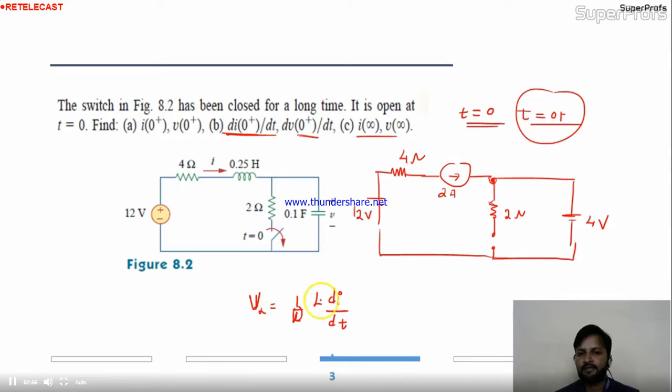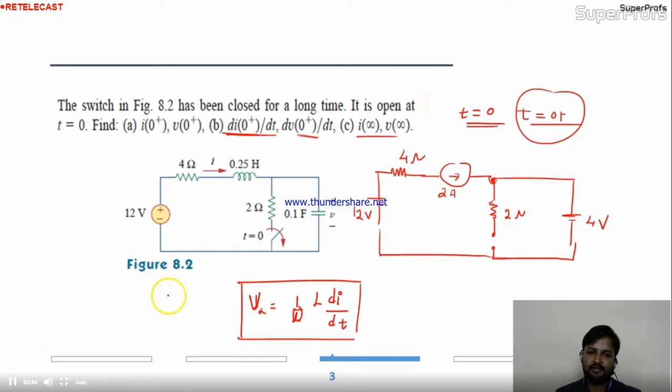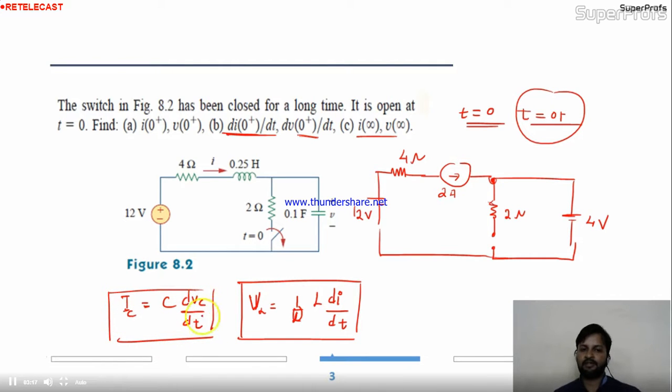Is it correct? L di/dt. This is the relation between voltage and current in the inductor. Similarly, for the capacitor, the relation is IC equal to C dVc/dt. This is the relation between current and voltage for the capacitor, and this is the relation for the inductor.